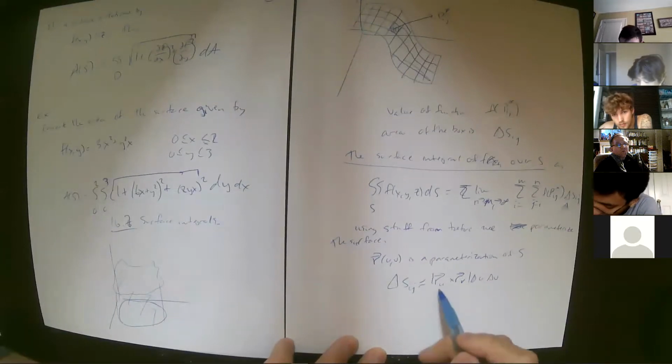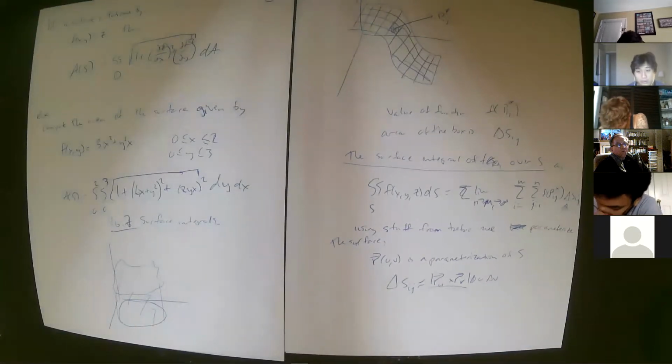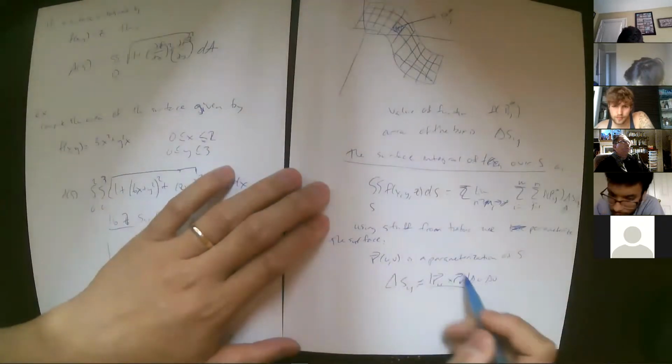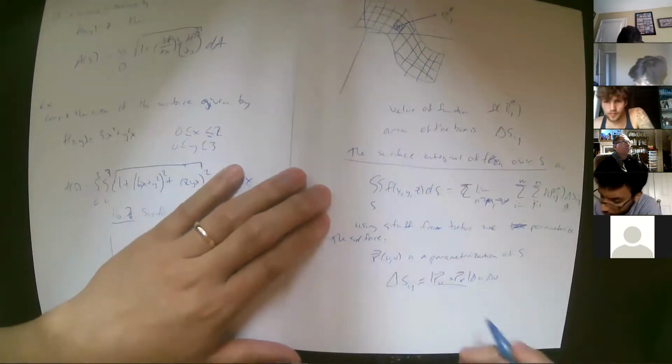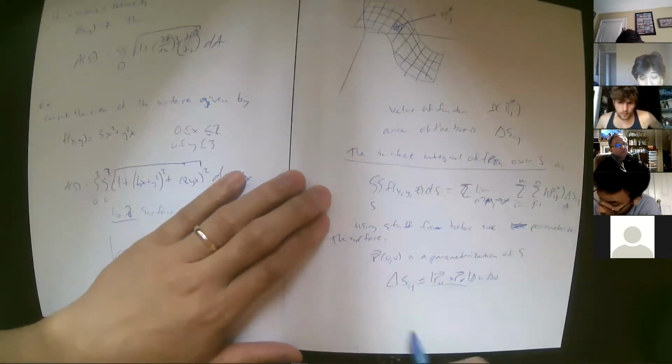This is the area of that parallelogram we were talking about. So then we should be able to just replace this in our integral, into this sum, and take the limit.